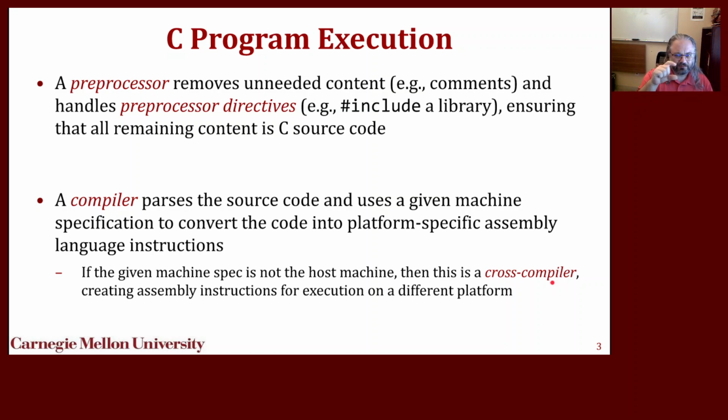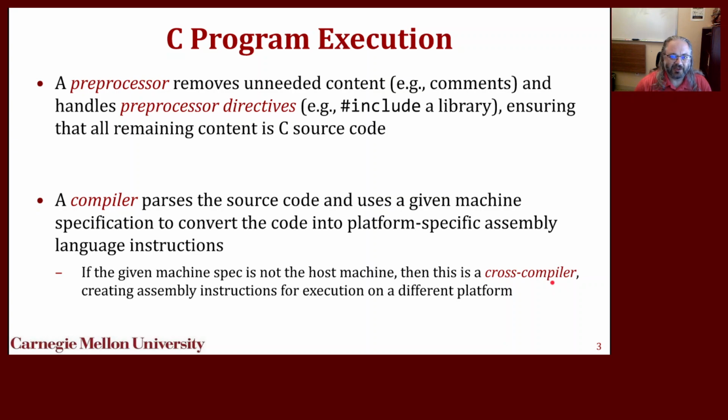So our very small number of lines of code in our Hello World program will actually become a much larger program than just those couple of lines of code, because the preprocessor is going to go fetch that library code and put it into our source. It's also going to remove any content that the compiler doesn't care about. So the preprocessor is essentially preparing the source code for the compiler, which is the second tool that's used.